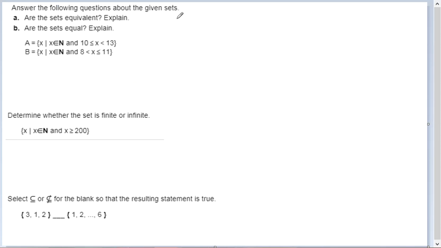Okay, continuing with this work here. Are these sets equivalent and equal? Well, let's see what we do. We could write these out in roster form. This would be the set, and if I make curly brackets here, 10, 11, 12, but no 13 because I can't use it. So I have to go ahead and put the curly brackets there, and that would be set A right there.